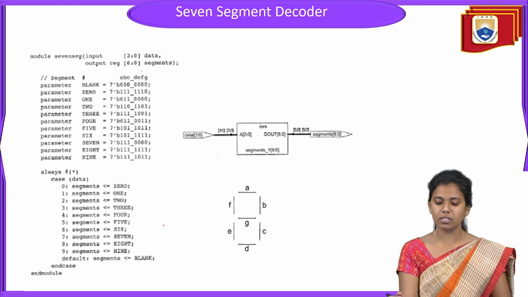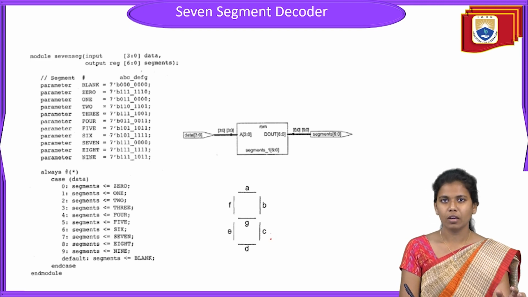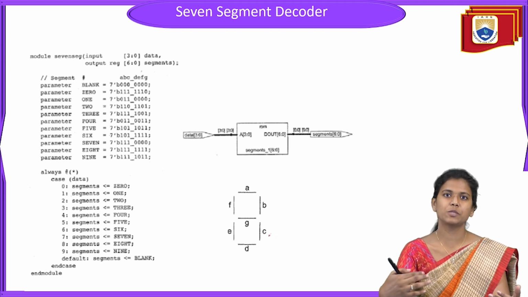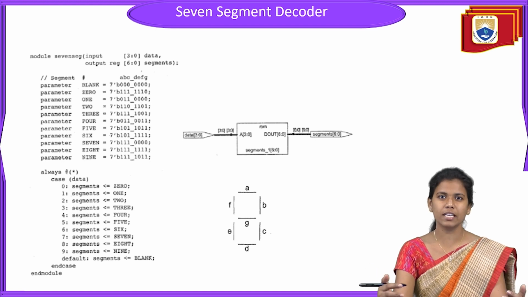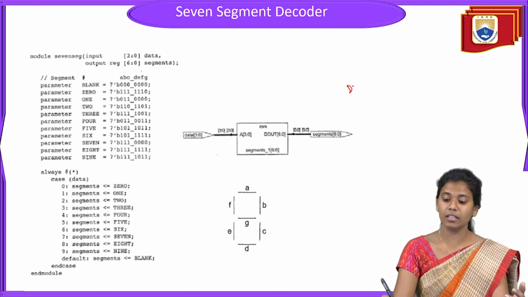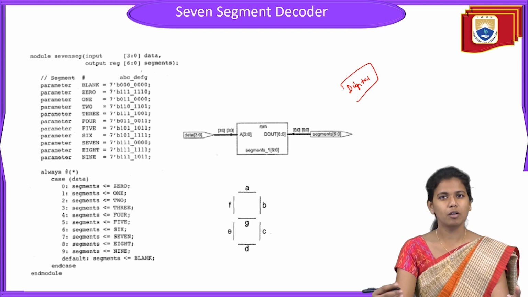It is the 7-segment decoder. This 7-segment decoder is something you might have seen, for example, in the bus or other transport. When you want to go from one place to another, in the present days we see digital displays, not only in transportation but also in various shops.